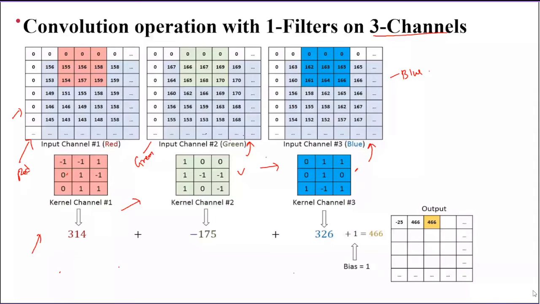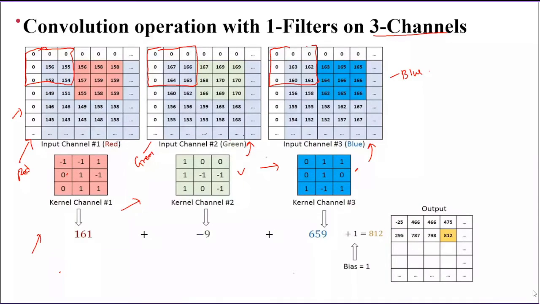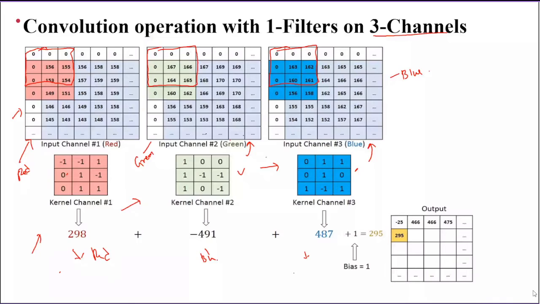Because we are using a 3x3 filter on each channel, each will produce one output, belonging to red, green, and blue respectively. By adding all these outputs, we will get the first pixel of the convolved image.